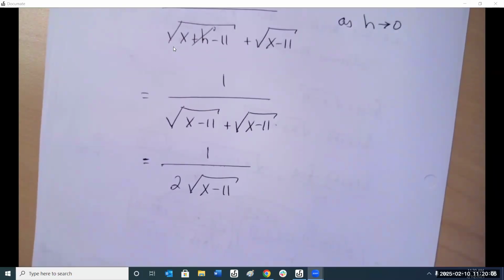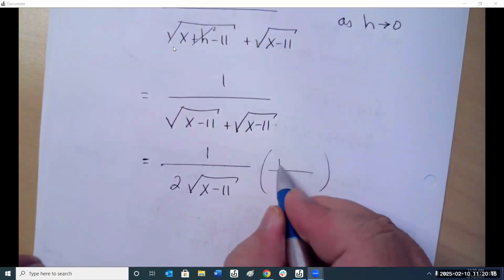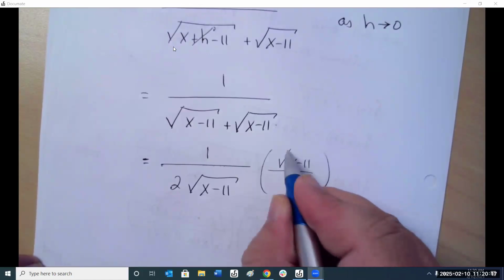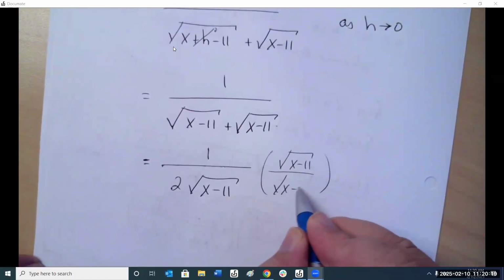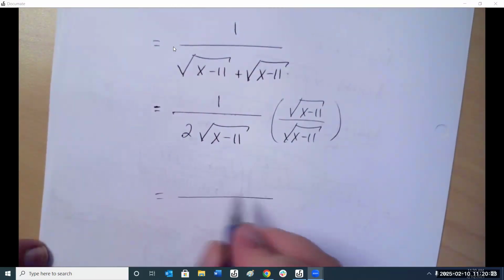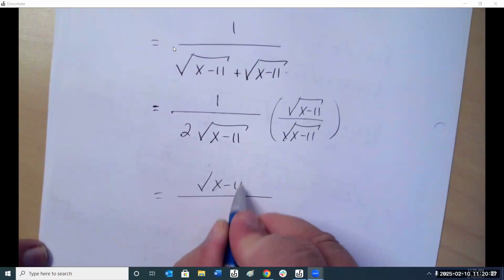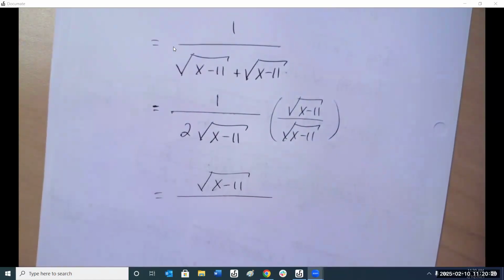Traditionally, we wouldn't be finished here. Why? You have a radical on the bottom. So typically what we normally do is multiply top and bottom by the radical. Actually, for the homework, it would take this, the reason being that it's easier for them to program.